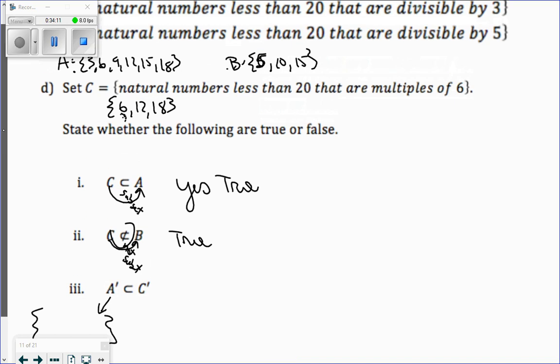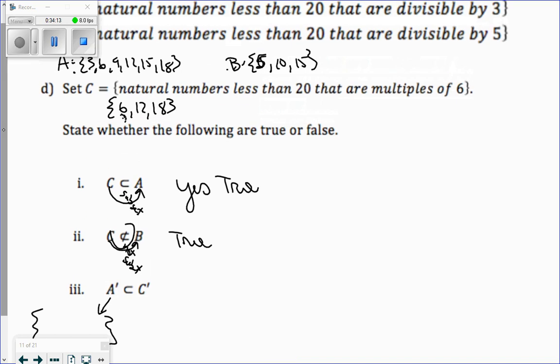So A is 3, 6, 9, 12, 15, 18. Okay? So not A would be 1, 2, 4, 5, 7, 8, 10, 11, 13, 14, oh no, 16, 17, 19, right? That's not A.